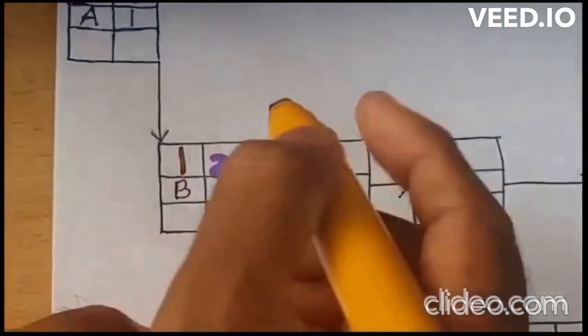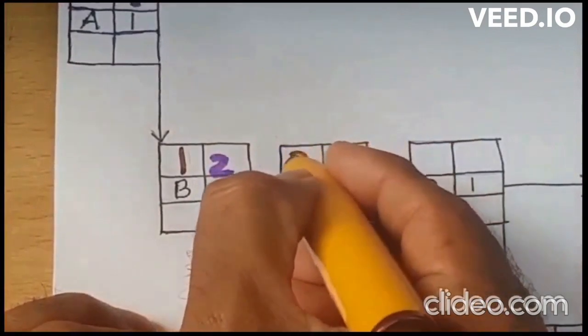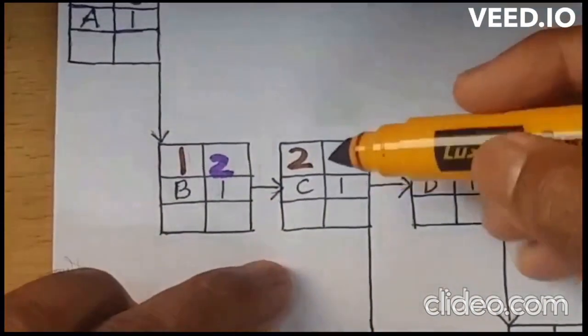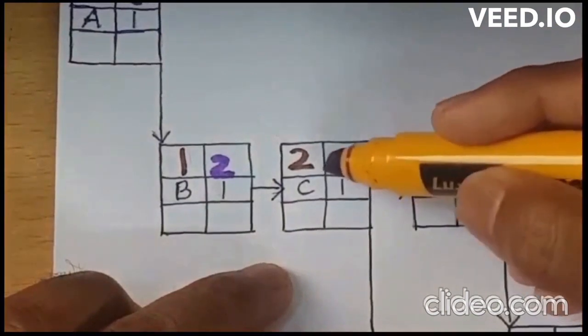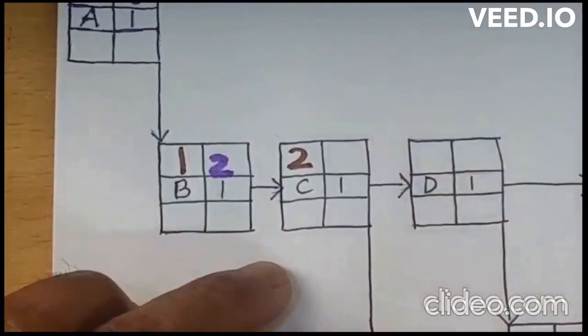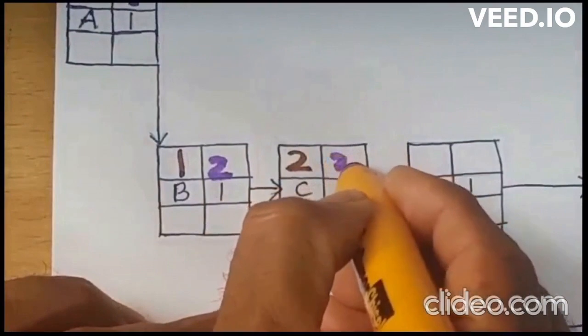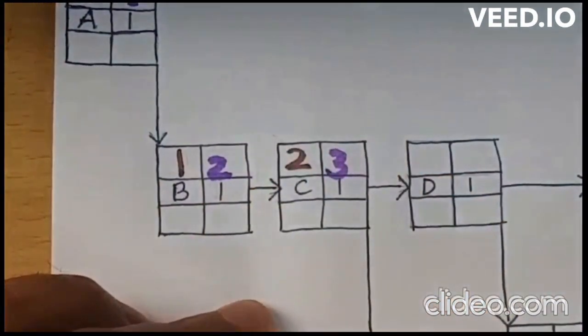You can enter that same number here. Now the earliest finish time of activity C will be earliest start time plus duration. That means 2 plus 1, which is equal to 3. So you mention 3 as the earliest finish of activity C.